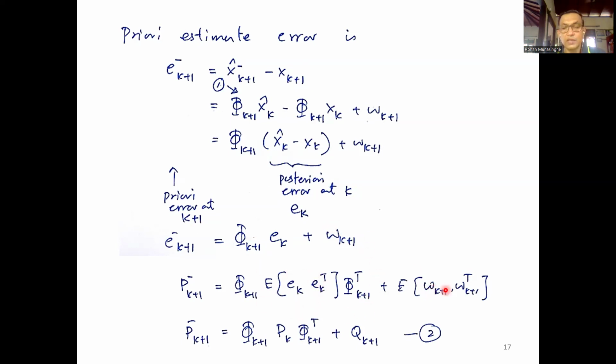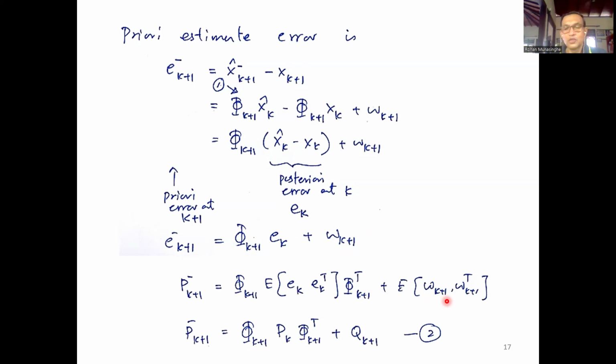And the second term on the right-hand side is the process noise, or unmodeled dynamics in the plant. The expected value of this one is again a kind of noise. You have to get the squares, add them together, and divide by the number of elements, and that is the variance.